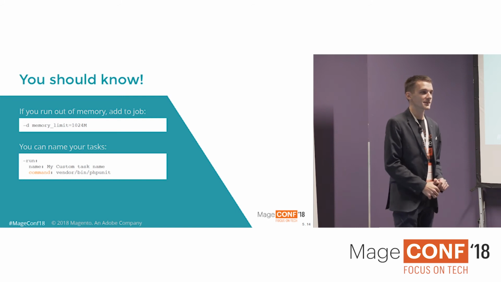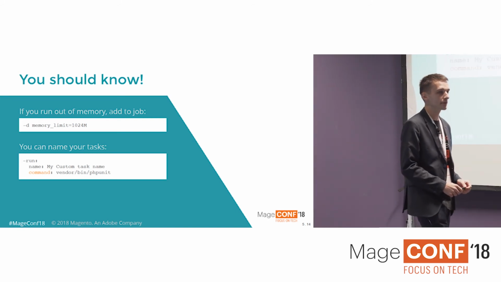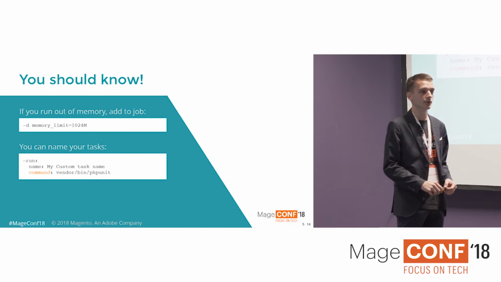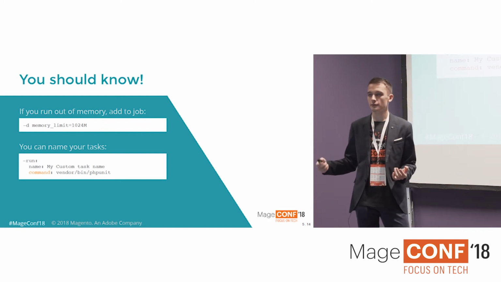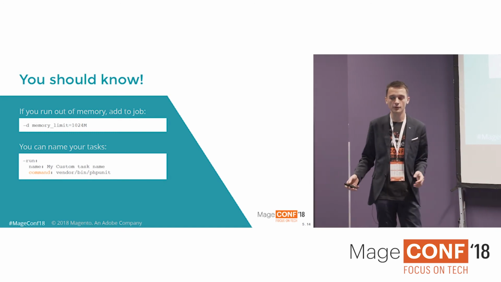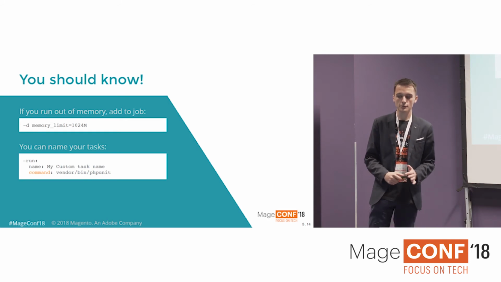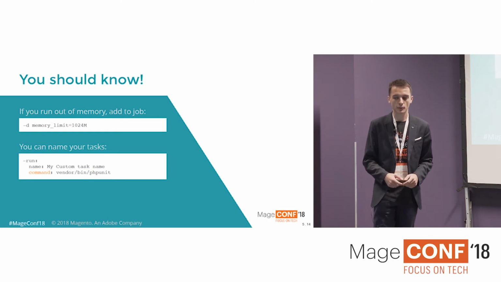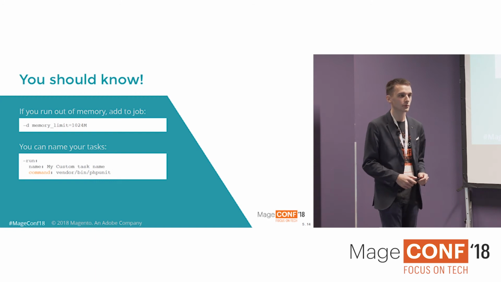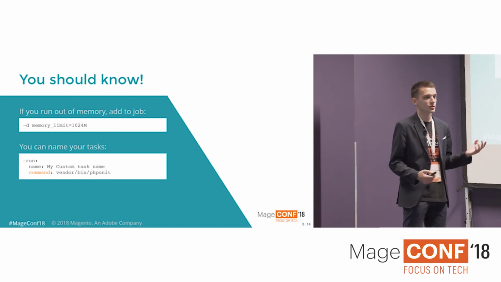Sometimes when you run tests, you will run out of memory, especially with these static tests, because you saw that it's running 4 minutes, so it's using a tremendous amount of memory. So in this specific case, you have to add a memory limit flag to your job.